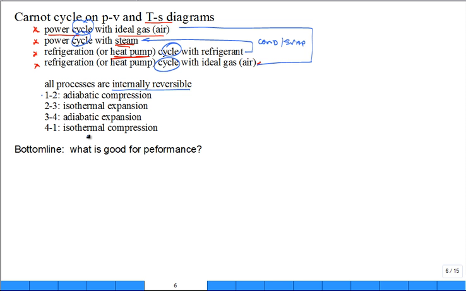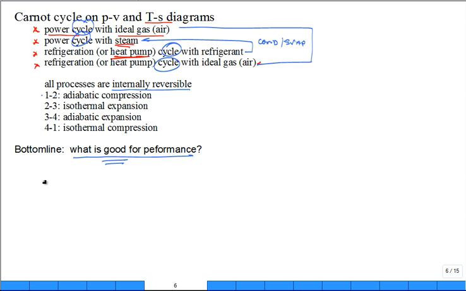So why do we study the Carnot cycle? It's our benchmark. It's as good as you can get. And so we beat ourselves up studying this idealized cycle that's not realized in practice, but we try to get as close as possible because you can't get any better. It's the best that you can get.